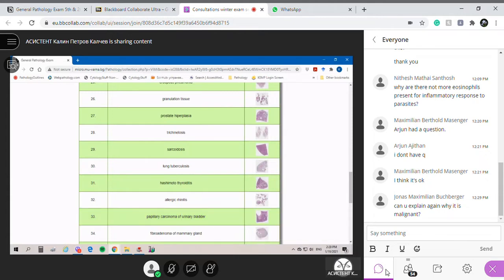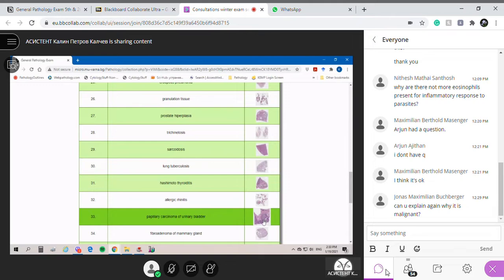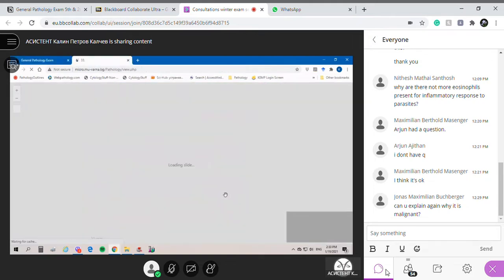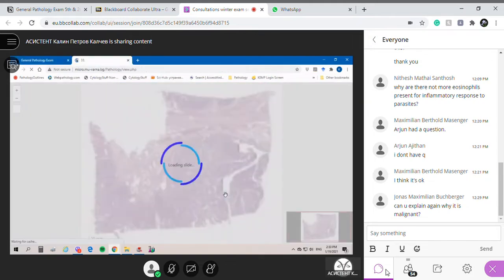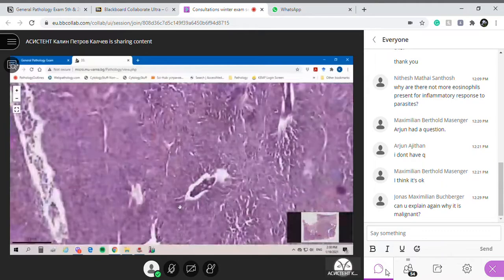Well, it is hard for me to explain why the urothelial cancer is malignant, because you will see in other malignant tumors, the leading malignant feature is the invasive growth. Here it is considered a malignant tumor because of the cellular and nuclear atypia of the cells.